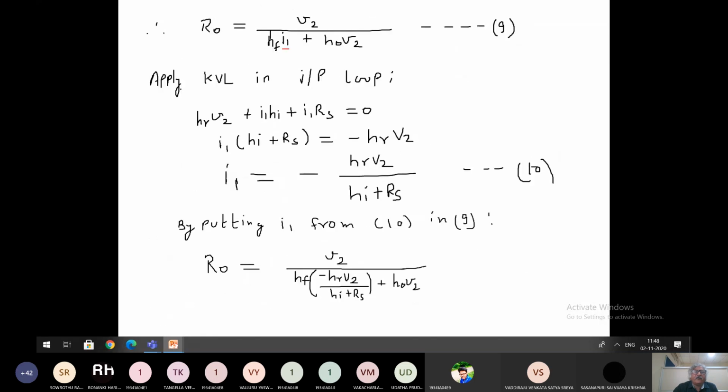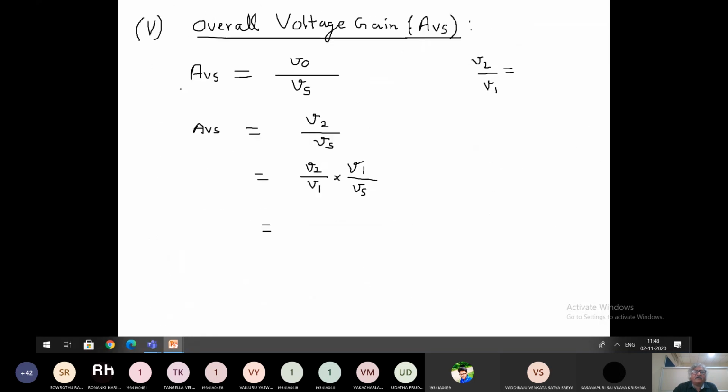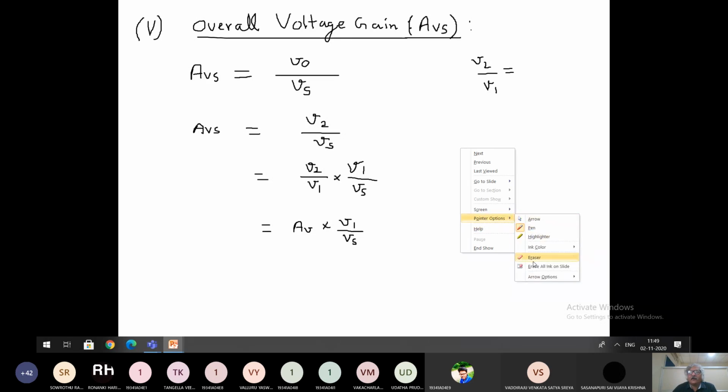So that's why we have rearranged that equation in this way. So I can write here AV multiplied by V1 by Vs. Okay. Now you see our internal circuitry.